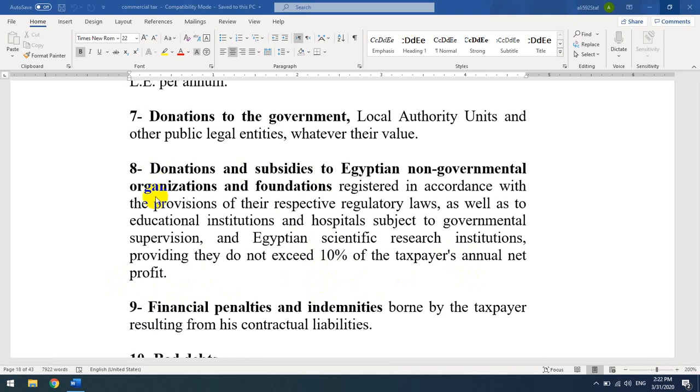Donations to organizations not subject to the supervision of governmental units, or to poor people in neighborhoods, such as hospitals or any associations not subject to governmental supervision, are not deductible. These donations totally are not deductible according to this tax law.